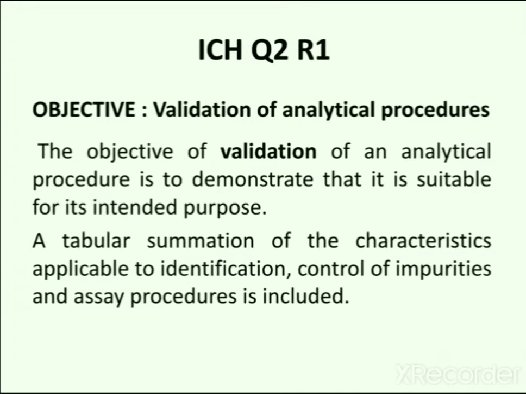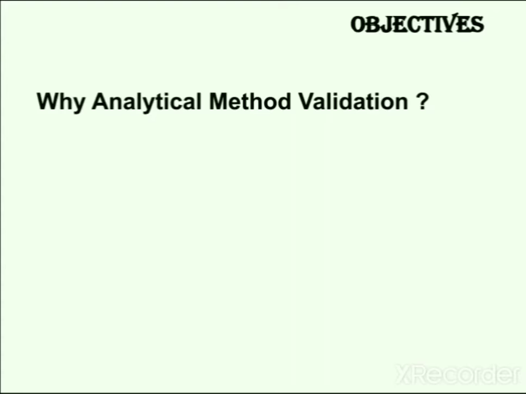In analytical method validation, tabular summation of various characteristics is done for the identification, control of errors, and various assay procedures are also performed. Now a question may arise in everyone's mind: why is analytical method validation important? Analytical method validation is very important for ensuring quality control. It verifies and confirms the system suitability.